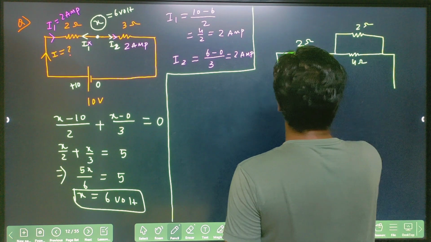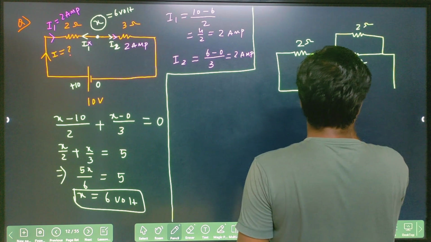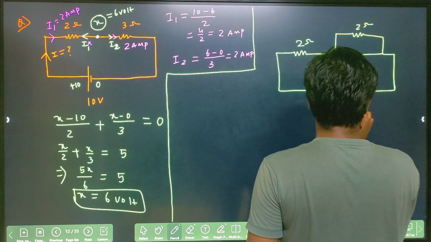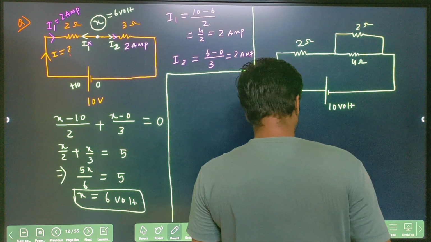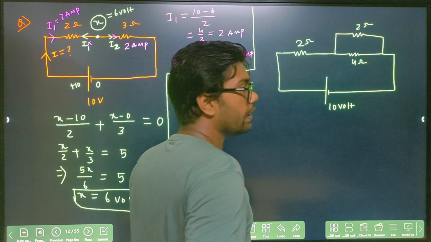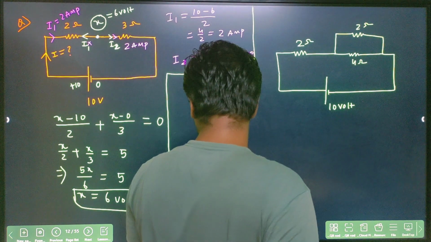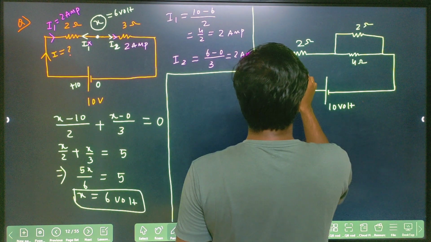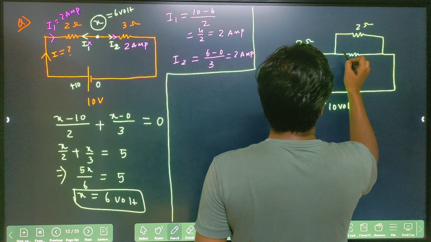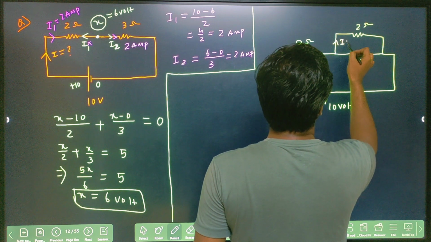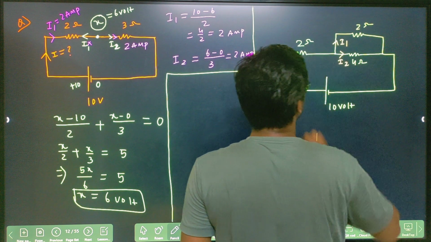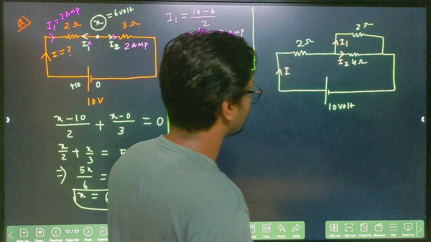And it is connected to an ideal cell of 10 volt. Can you find out the current in each? So let's say this is I, this is your I1, this is your I2. Can you find out?